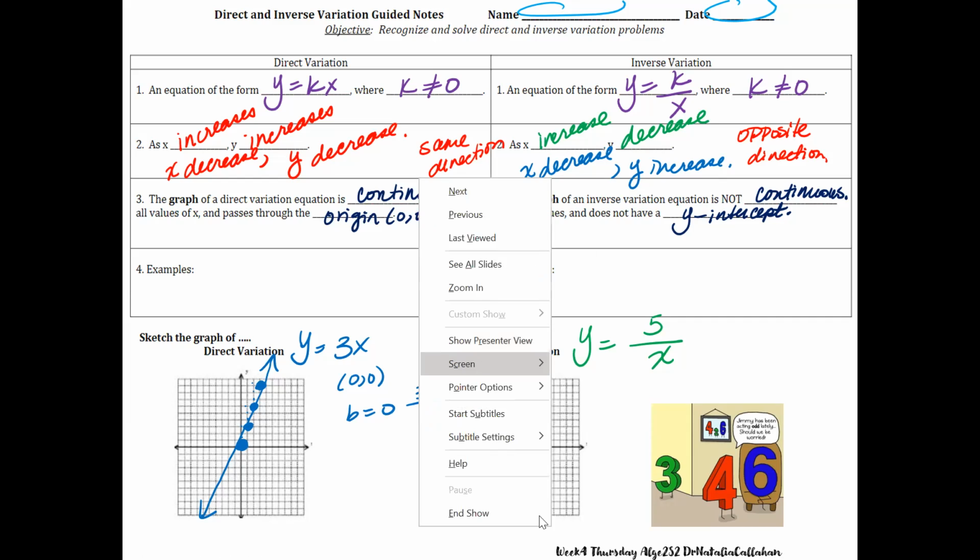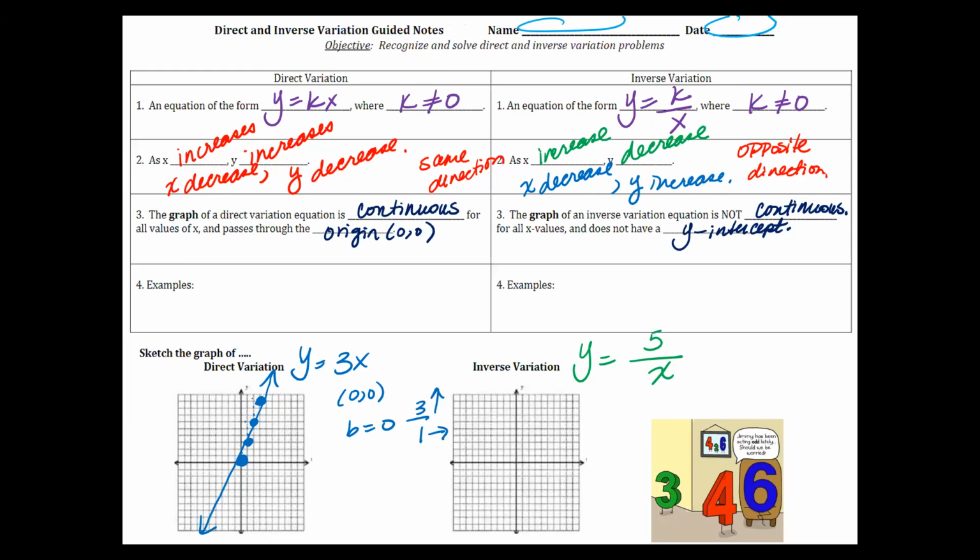Grab your calculator. There's mine. I'm going to go to y equals 5 divided by x, and then hit graph. And you want to copy that down so you have a picture of what it looks like.